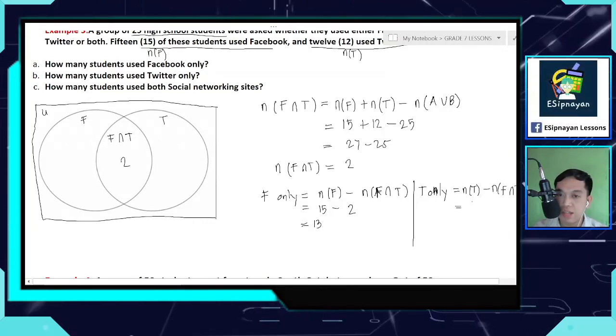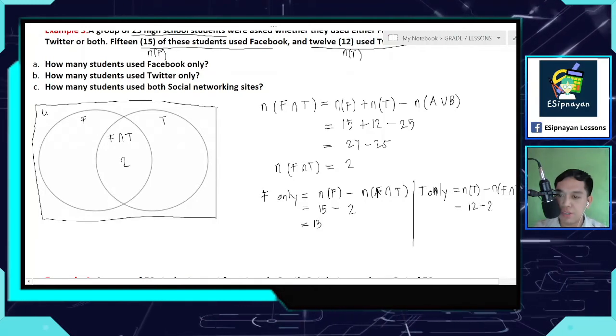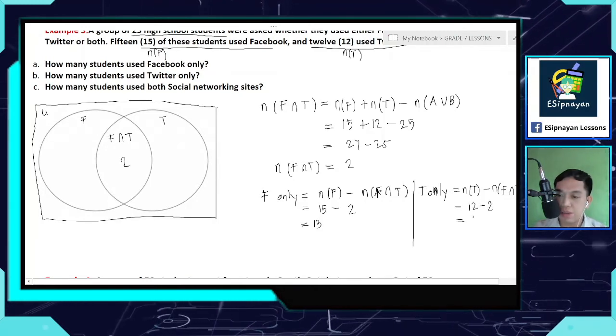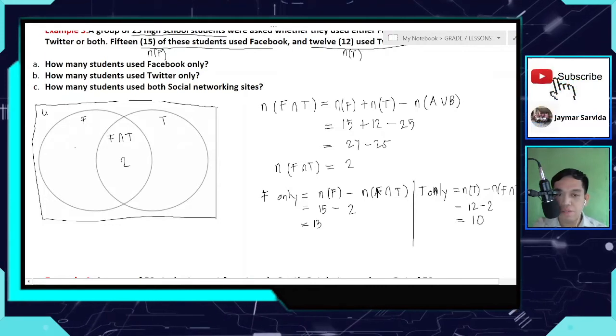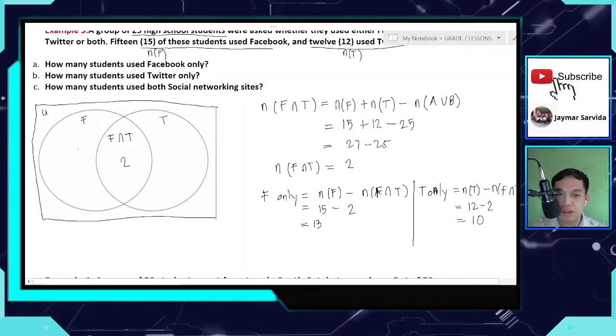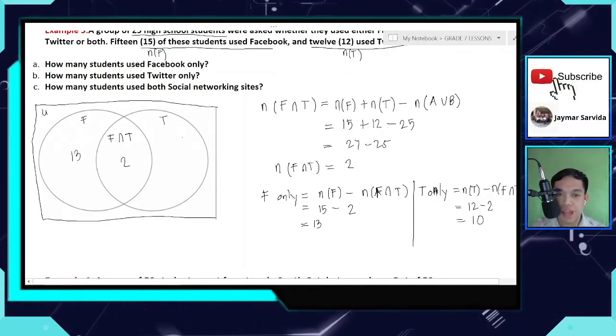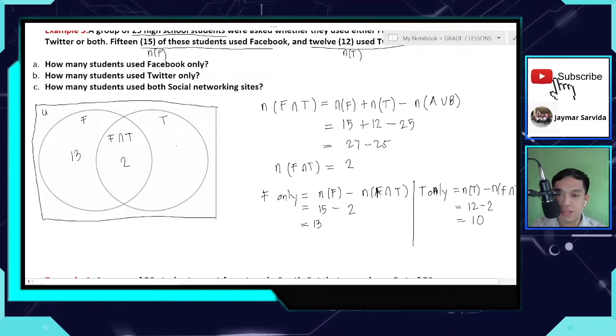So, substitute lang natin. We have 12 minus 2. 12 minus 2 is 10. So, therefore, yung kay Facebook only, we have 13, at yung kay Twitter only is 10.